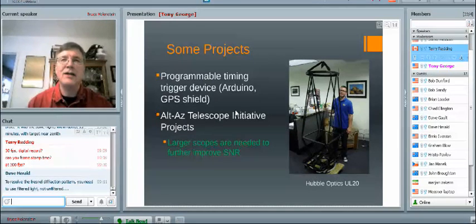It's turning out that the stock Arduino isn't really powerful enough. My son just told me about the new Intel Galileo Arduino, which actually has a Pentium type chip in it, and that will probably give us the additional performance that we need to trigger these cameras with a high degree of reliability to the microsecond level.